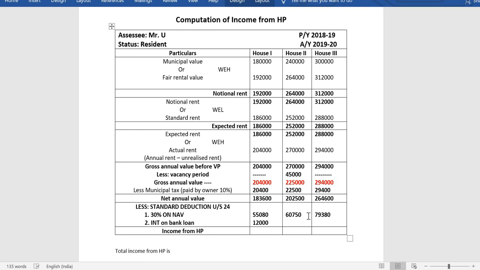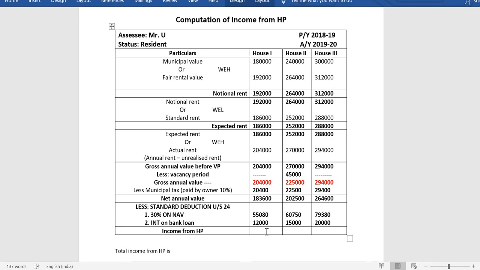If a loan is taken for something other than house construction or house repair, you should not consider it. Ignore that. So 12,000, 15,000 and 20,000 is the interest given. This is a deduction, so you need to deduct it from the net annual value.